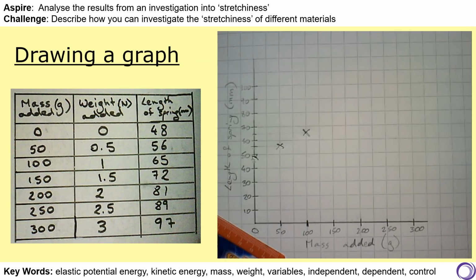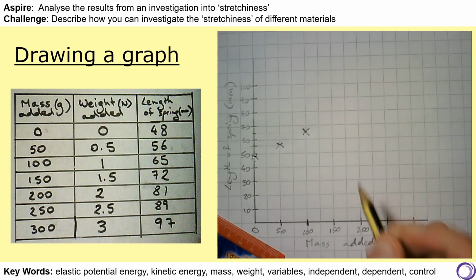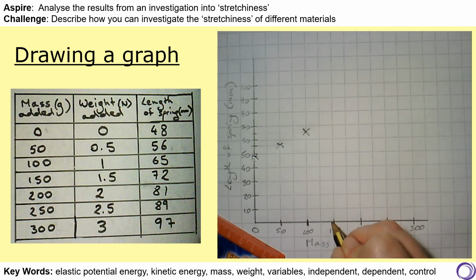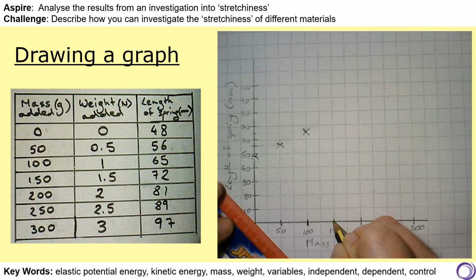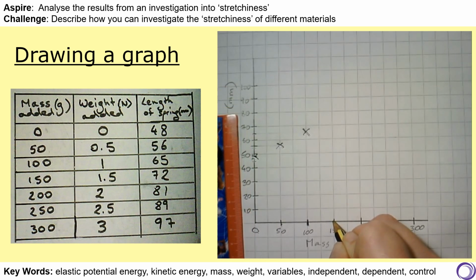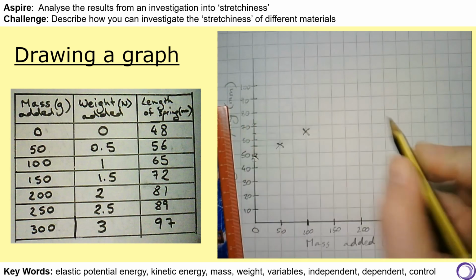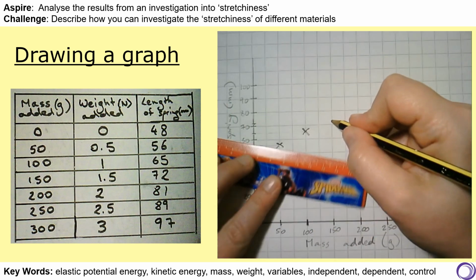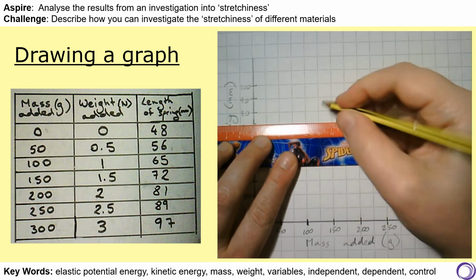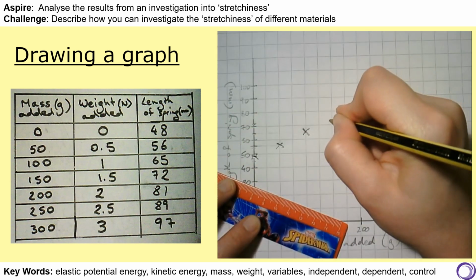Okay, so you've had your 2 minutes to plot the other points. So let's see what that should look like. When you added 150 grams, then the length was 72 millimeters. So 72 millimeters will be here. Okay, so that's for 150 grams added. So it's going to be approximately here.